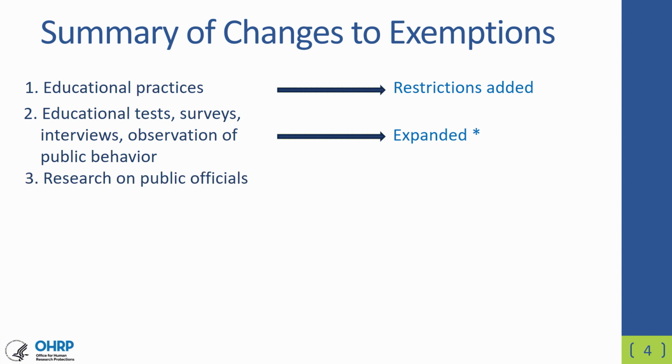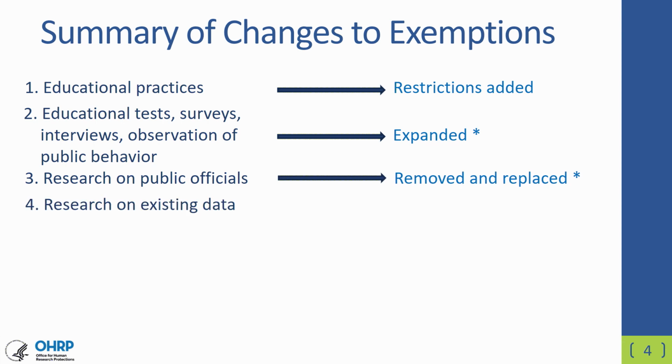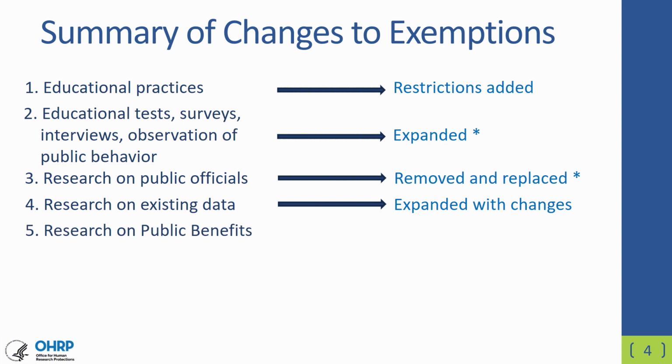Exemption 3 for research on public officials has been entirely removed and replaced by a brand new exemption. Exemption 4 for research on existing data has been expanded with certain changes. And the same is true for Exemption 5, research on public benefits, which has also been expanded with certain changes.